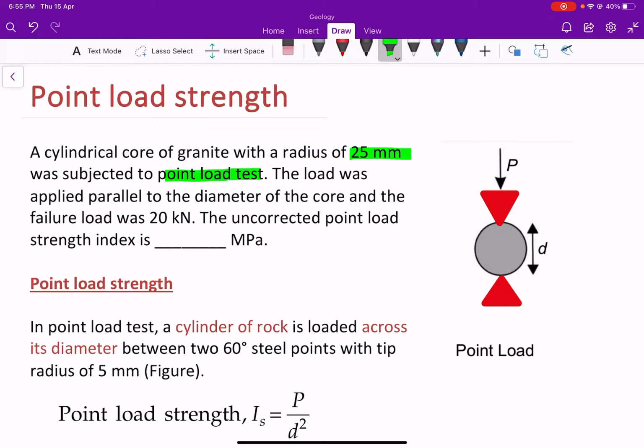The load was applied parallel to the diameter of the core, and the failure load was 20 kilonewton. The uncorrected point load strength index is ___ megapascal.